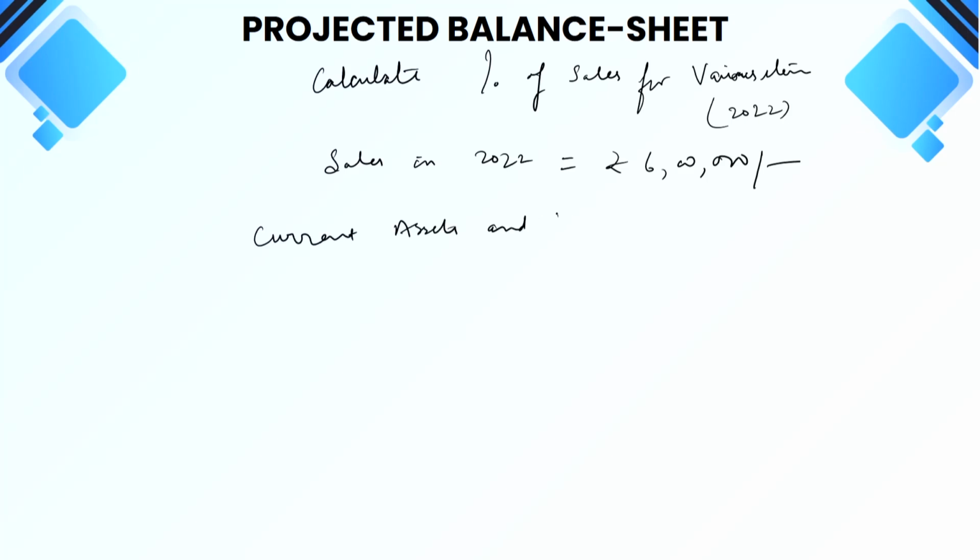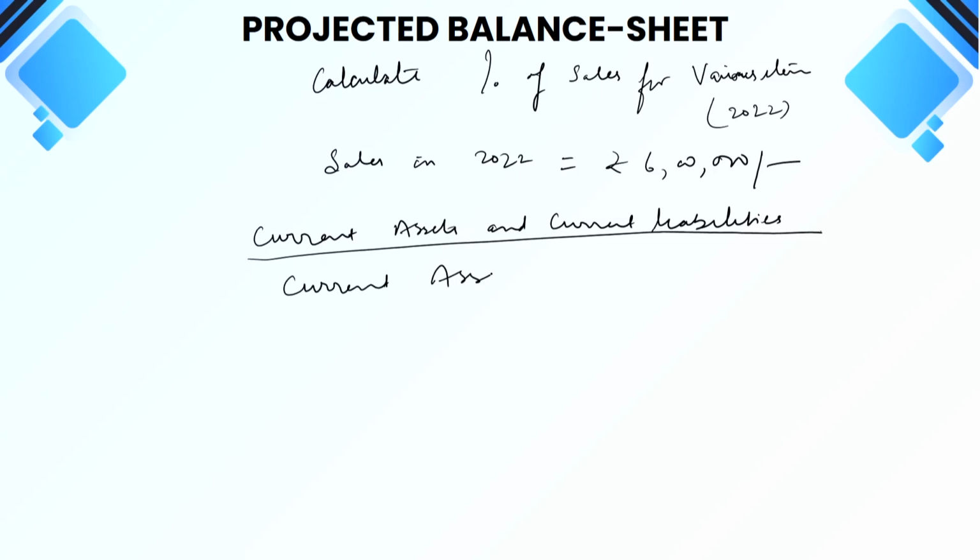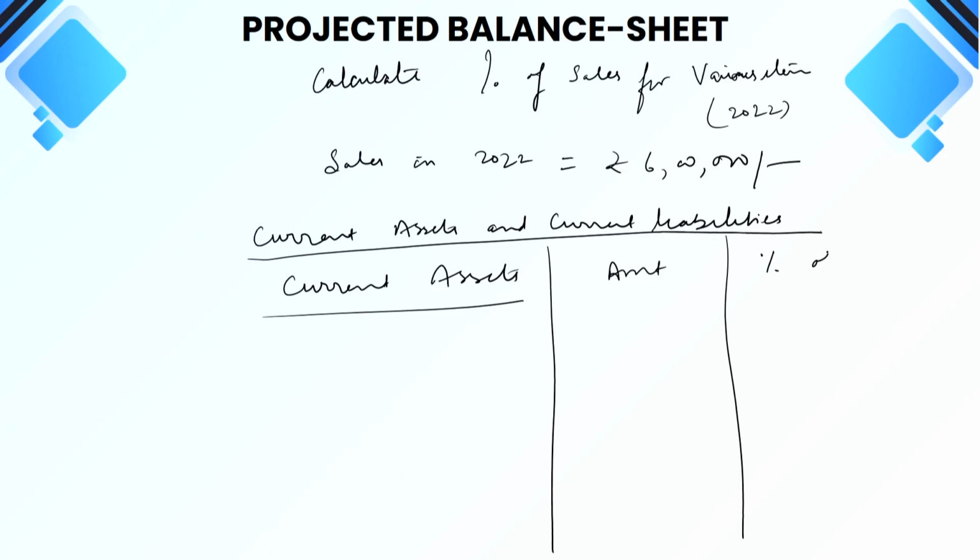Here, first we take up the current assets and the current liabilities. First I'm taking up the current assets as given in the question, then finding out their percentage of sales. The first item provided is stock in the balance sheet, amounting to rupees 30,000.